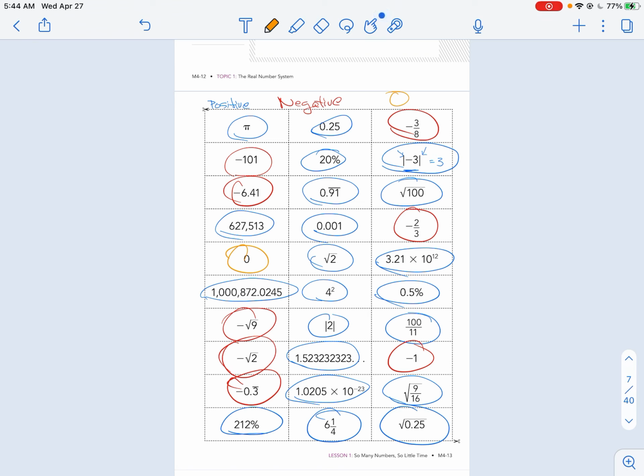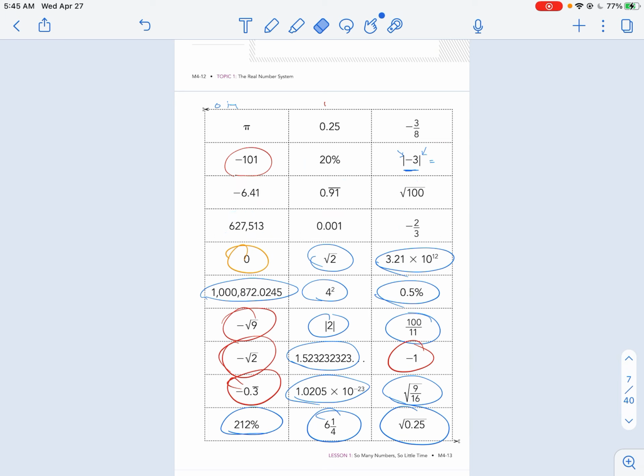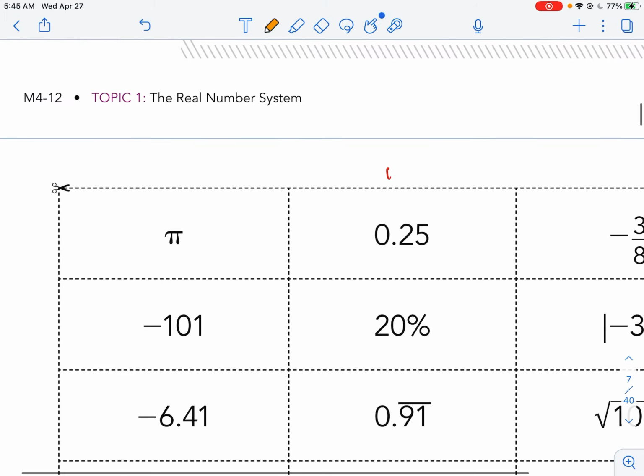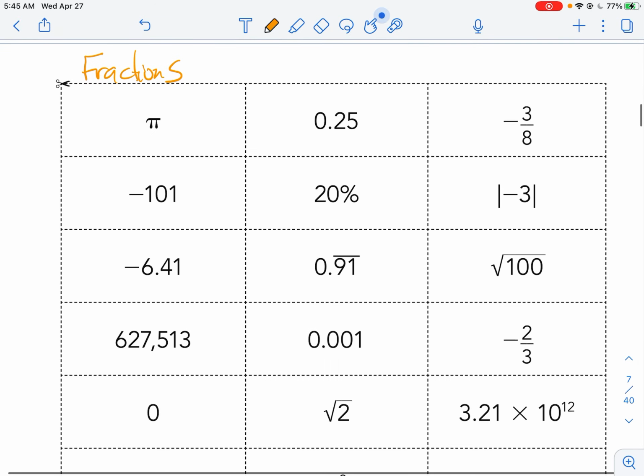Now, there are some people that that's not how they did theirs, which is fine, because I prefer you to come up with something that not everybody else has done. So one of my groups said, I want fractions. Okay, so if I go through this, I'm going to get fractions.